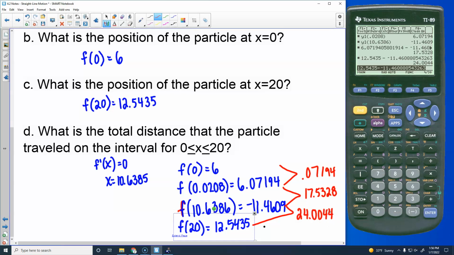Right. You're going to think of it like absolute value. So whenever you're going to the left, don't count that as negative, because we want total distance traveled. So everything is going to be positive, even if it's moved to the left direction.